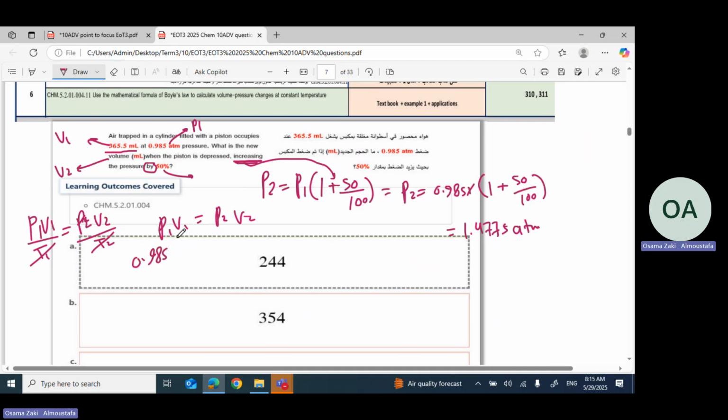This is the P1 times V1, which is 365.5, equals P2, this is P2, 1.4775, times V2. You can use the calculator to find the volume V2.